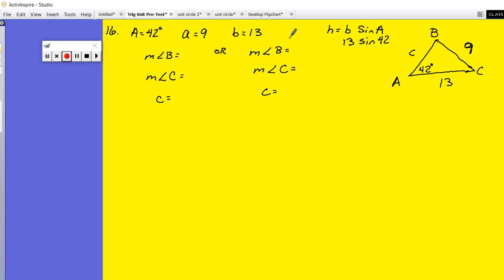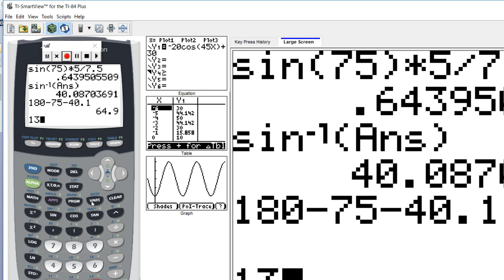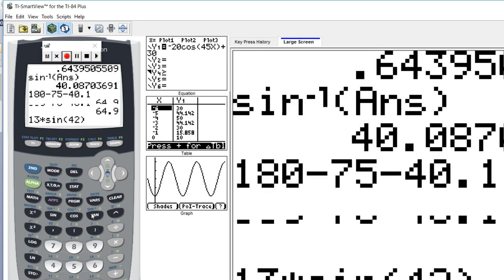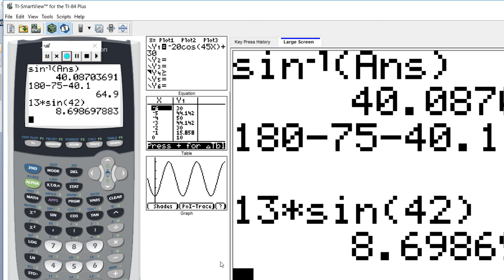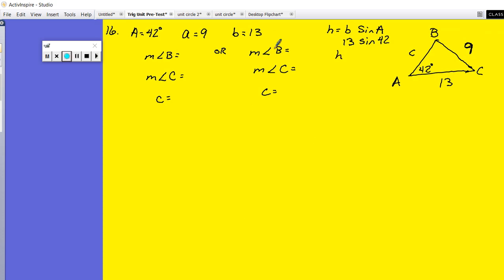So I'm going to type that in my calculator to get what H is. So 13 times the sine of 42. So H is 8.7. So H equals 8.7. So if I look at that, H is my smallest.